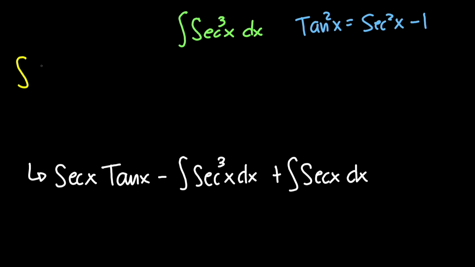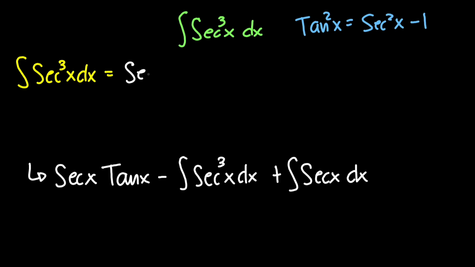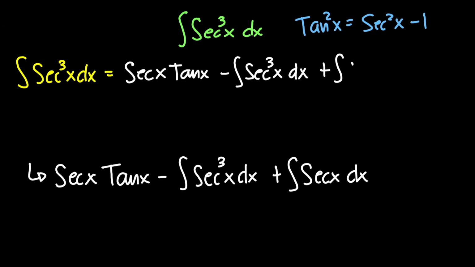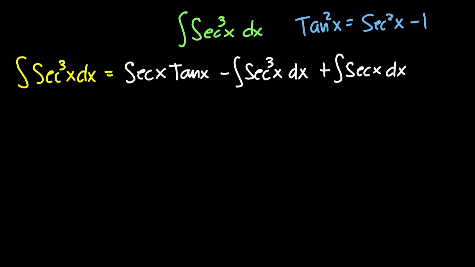So this would be the integral of secant cube of x dx equal to this value right here. Our objective here would be to eliminate secant cube of x because our problem is the same also.